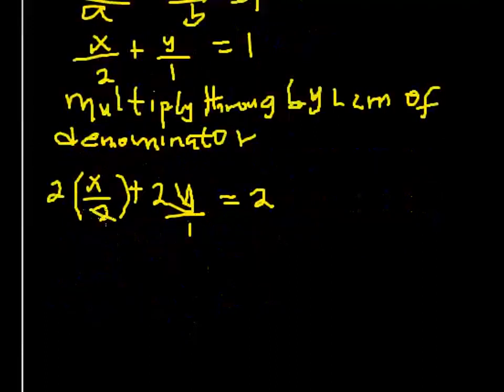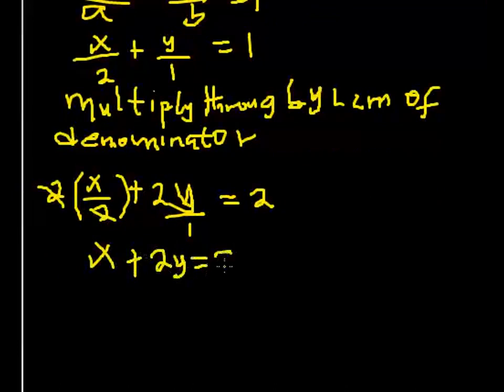So 2 divided by 2, you have x, plus 2y, equal to 2.